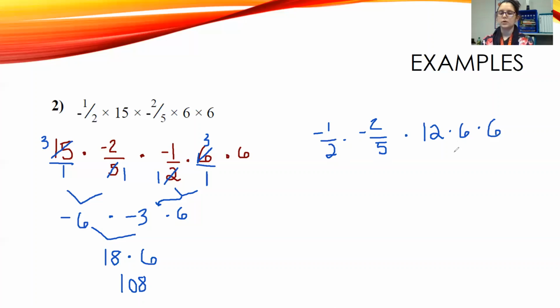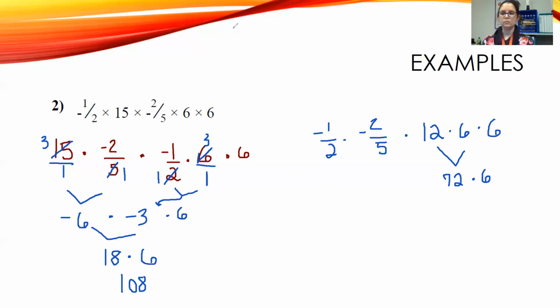But if we look, the first whole numbers we're multiplying is 12 times 6, and we already know that's 72. Okay, yes, we ended up with a large answer at the end, but we're already at a 72, and we still have to multiply another 6. So when you can simplify out with your fractions, it's a good idea to do so you're dealing with smaller numbers.